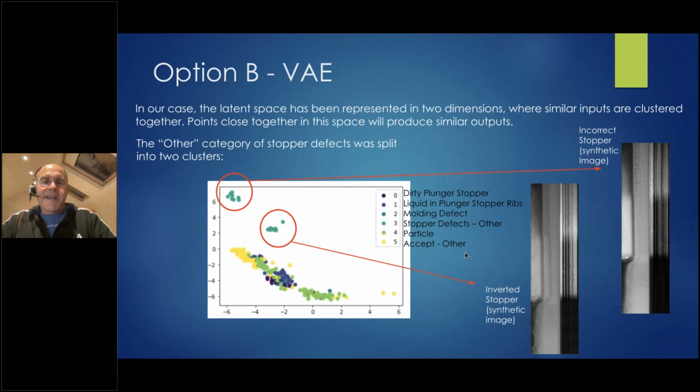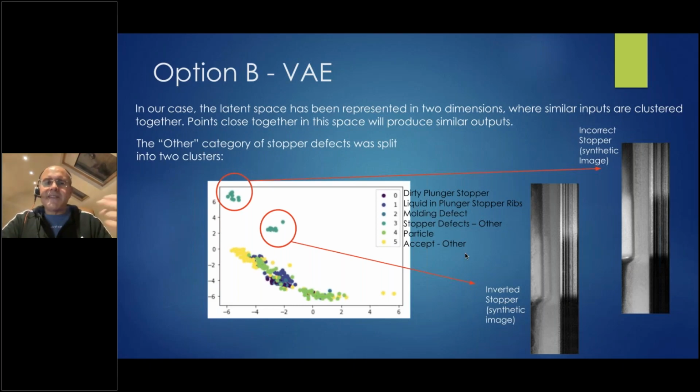Moving in the top left region of the latent space, the decoding process started to generate meaningful images of incorrect stopper, which was one of the underrepresented categories.